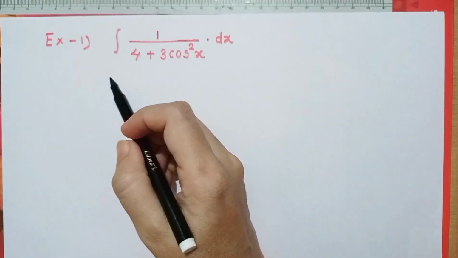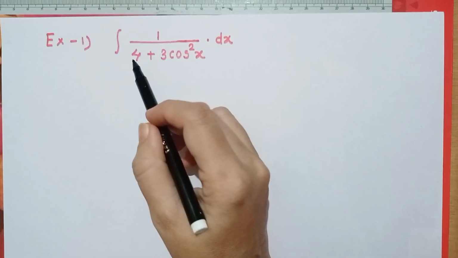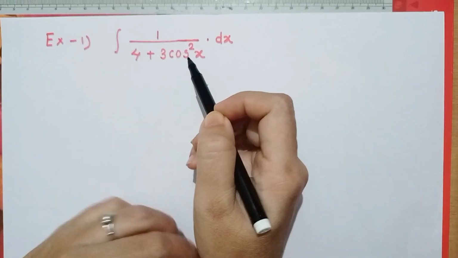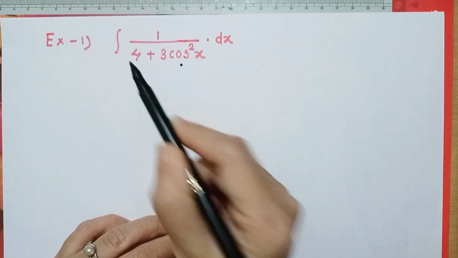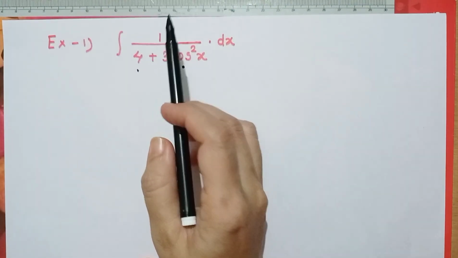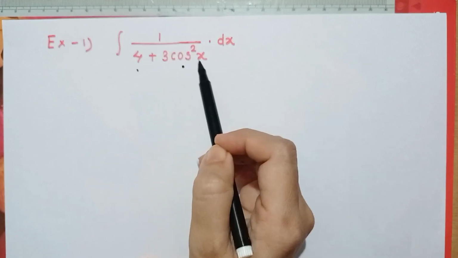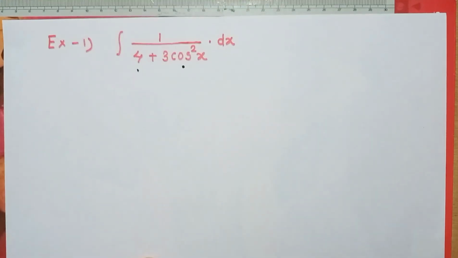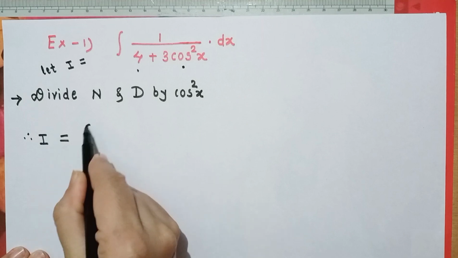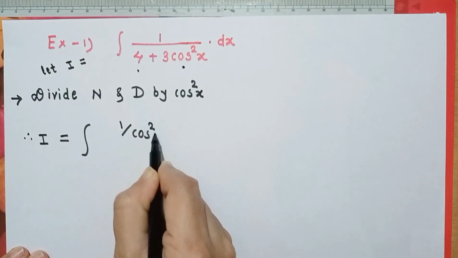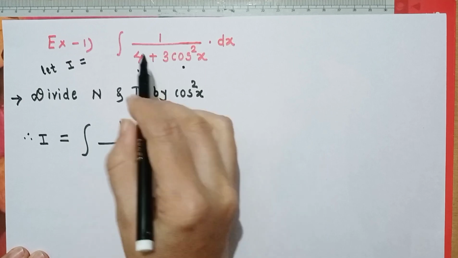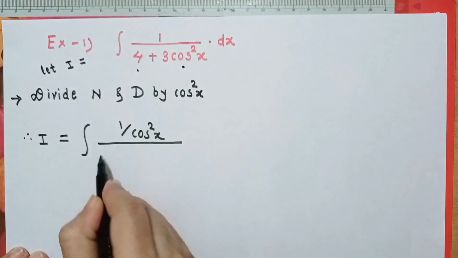This is our first example, integration 1 upon 4 plus 3 cos square x. This is in the form a cos square x plus b. So we will divide numerator and denominator by cos square x, and therefore I is equal to, in the numerator, 1 upon cos square x, and in the denominator we will separately divide.